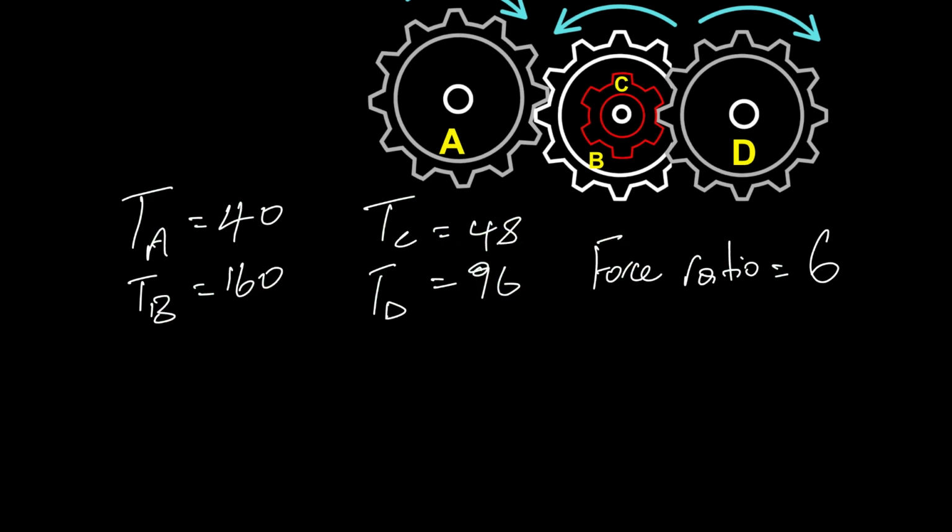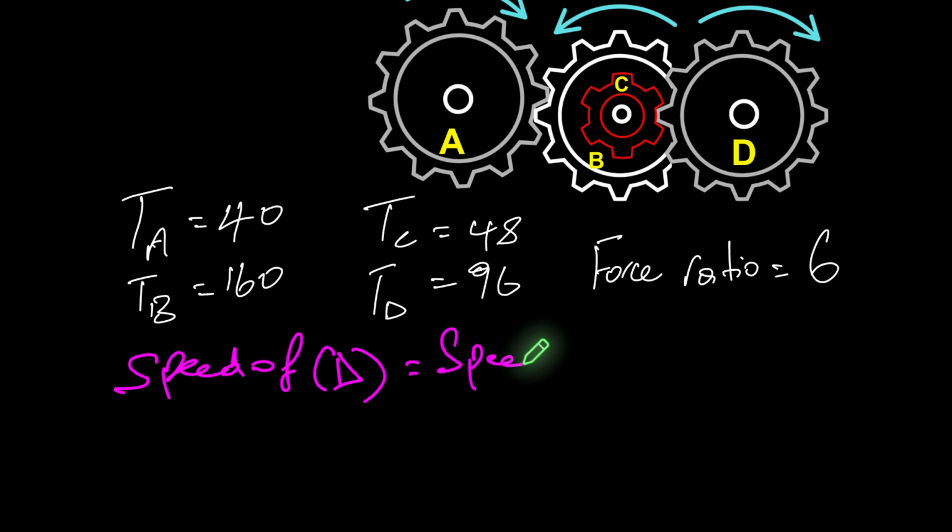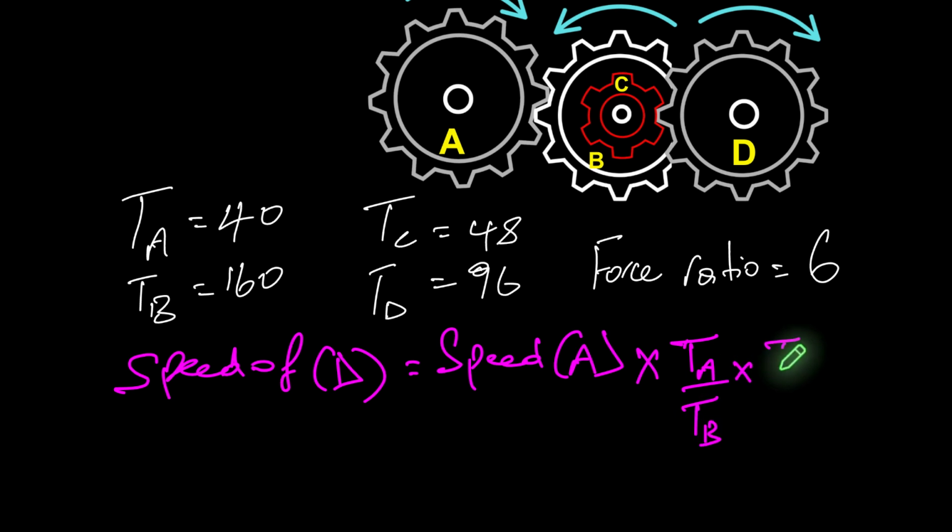Say we were to find the movement ratio of this gear system, then if we were to take the speed of the last gear, which is in this case D, then that would be equal to the speed of our first gear, which is A, multiplied by the number of teeth in A, the number of teeth in B, and the number of teeth in C, divided by the number of teeth in D. So that would be our standardized equation.